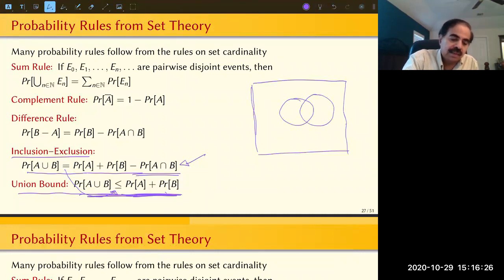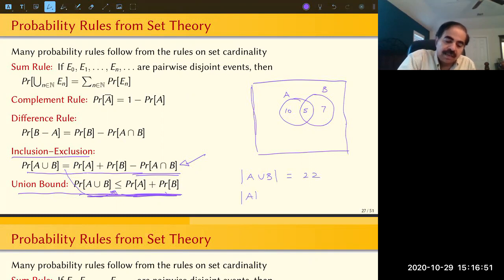Right, so we can write... So this is a familiar Venn diagram, right? So we know that if this was the case, then the cardinality of A union B is 22, right?